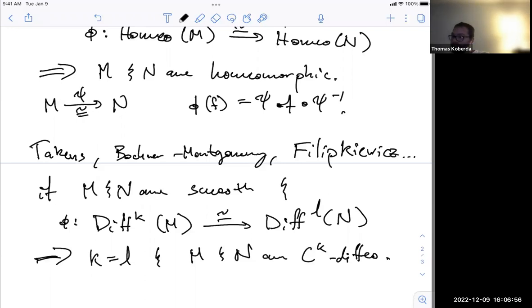Well, that's great. But I like to think about these homeomorphism and diffeomorphism groups from a much more hands-on perspective. If you say something like, this homeomorphism group is isomorphic to this other homeomorphism group, I find that to be a rather unwieldy piece of information.